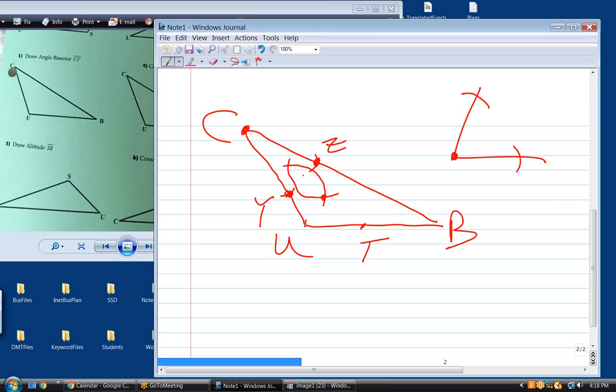Now, connect that. That should be a straight line to there, and you have an angle bisector where that angle is equal to that angle. Okay? All right.